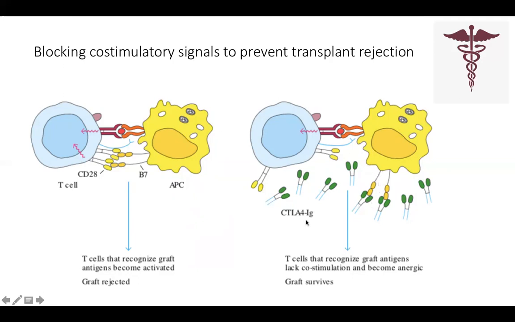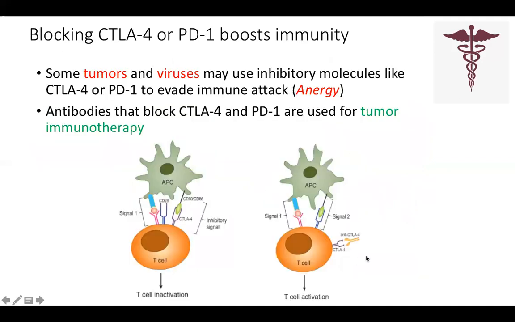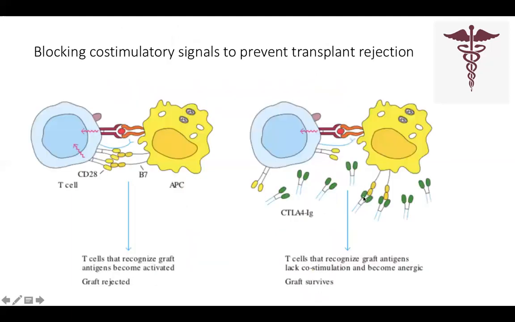B7 को आपने CTLA4 immunoglobulin, this is not the same as anti-CTLA4, ये anti-CTLA4 था. यहाँ पे CTLA4 looking like CTLA4 का जो ये top part है, इसको लेके आप IgG या IgM के constant fragment में attach कर दो. That is a chimeric antibody. So this chimeric antibody will go and stick to B7. So B7 will not be available to bind to CD28. Signal 2 will not be delivered.